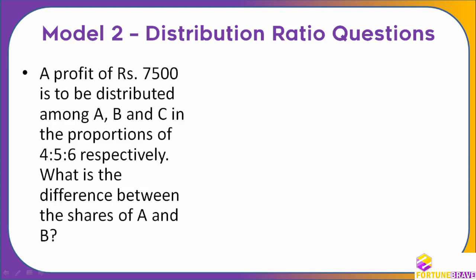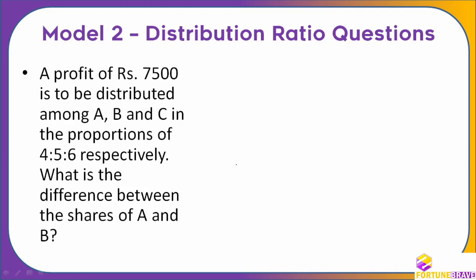A profit of 7,500 is to be distributed among A, B and C in the proportions of 4 is to 5 is to 6 respectively. What is the difference between the shares of A and B? So distribution based questions are there.